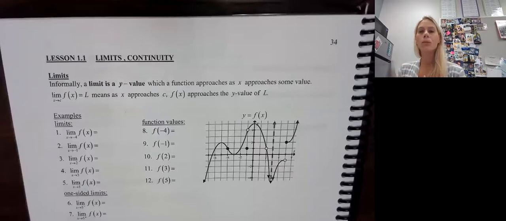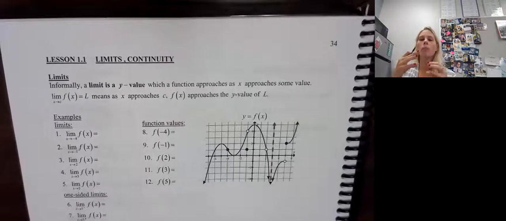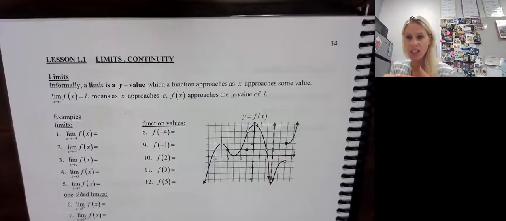All right, so right now we are going to go through limits and continuity. Limits we've done before when we talked about end behavior, right? The idea was that a limit is as x approaches some value, but in the past it's always been infinity or negative infinity.